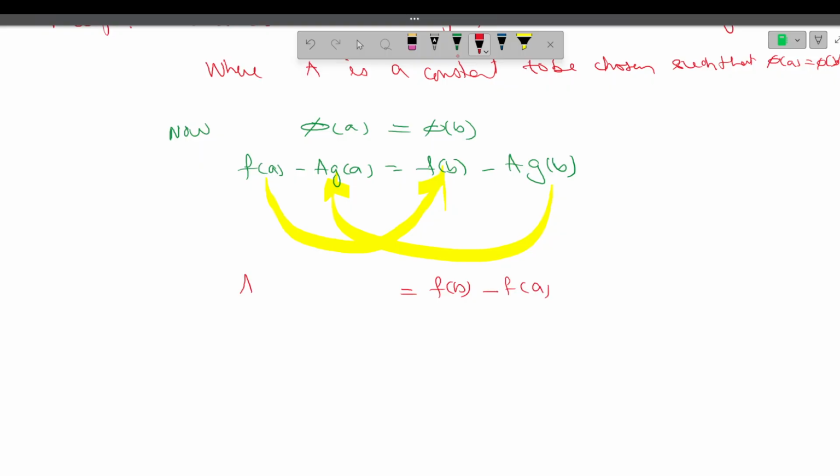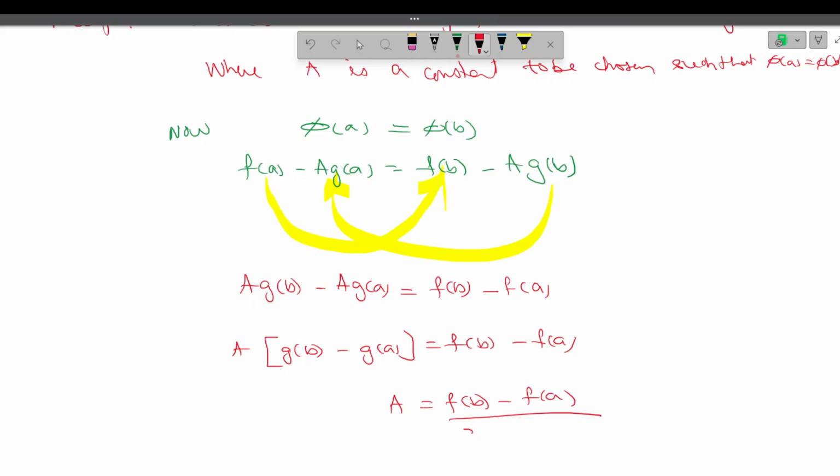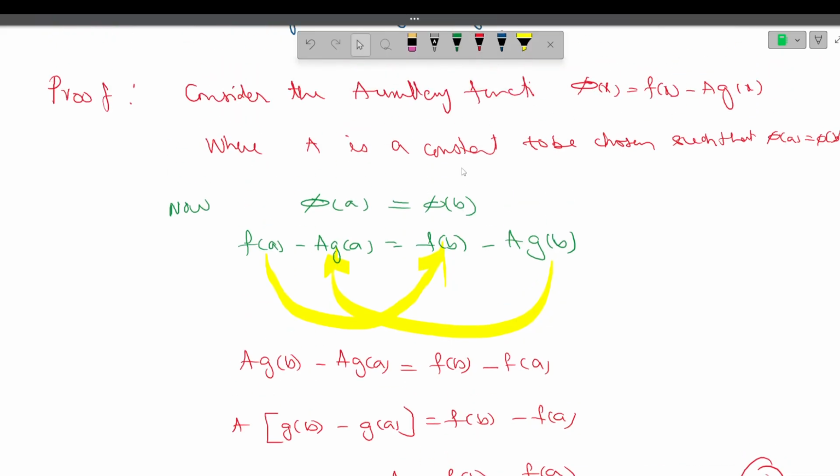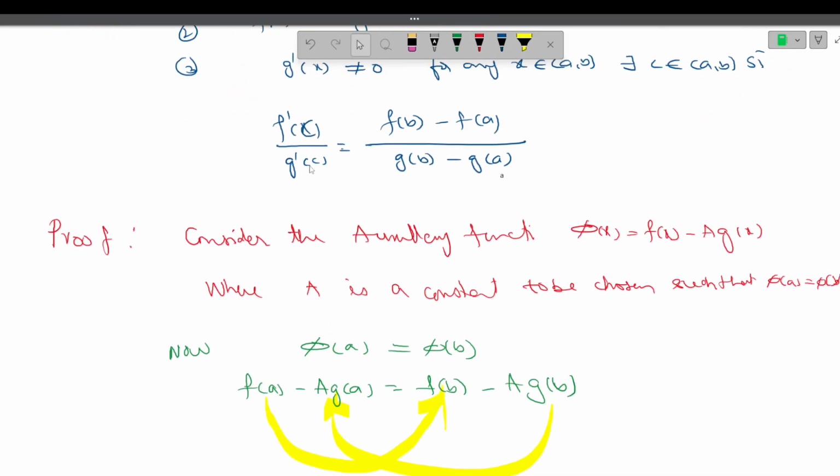Now a taken common, a times g of b minus g of a equal to f of b minus f of a. Therefore a equal to f of b minus f of a by g of b minus g of a. Call it equation number 1. Now, the first part is over. This a is nothing but f dash c by g dash c, which we have to show.